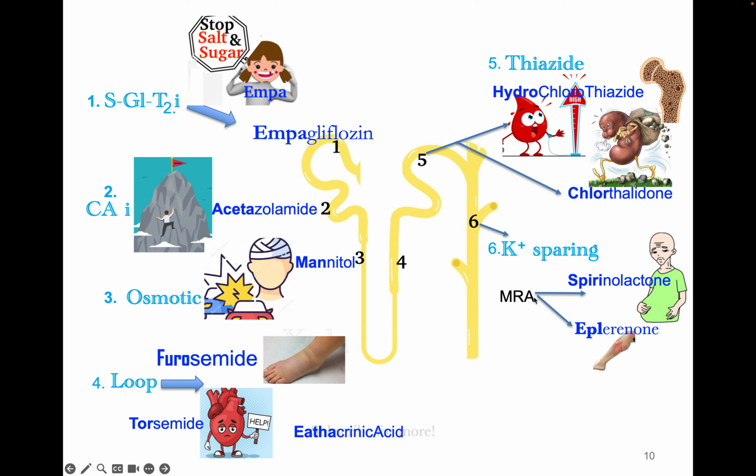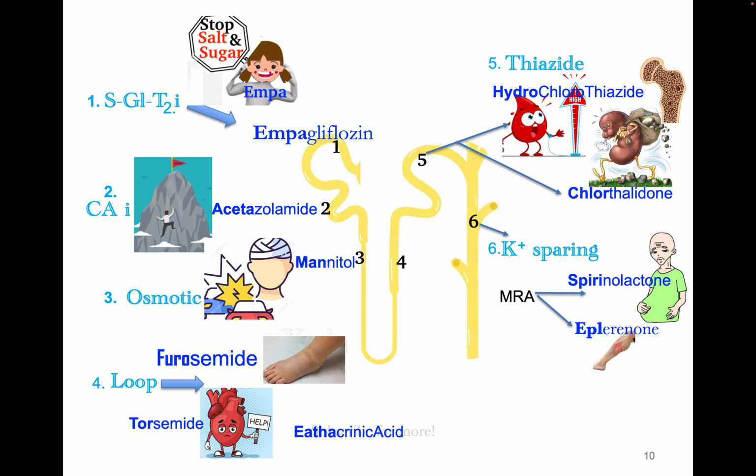Mineralocorticoid receptor antagonist. That is aldosterone mediated sodium removal and water removal. Okay, stop right there. Spironolactone and Eplerenone, both drugs are steroid drugs. They can bind on the aldosterone receptor, that is the mineralocorticoid receptor, and block aldosterone's function.